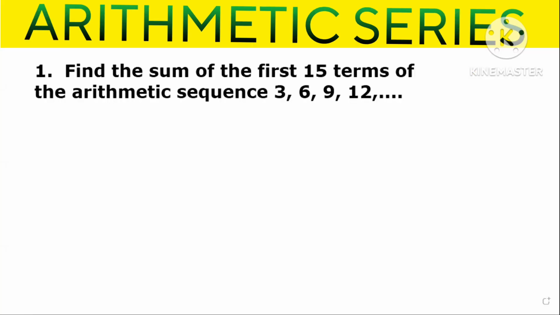Okay, problem number 1. Find the sum of the first 15 terms of the arithmetic sequence 3, 6, 9, 12, and so on and so forth up to the 15th term. Now, since hindi given ang 15th term or yung last term, we will resort to the second formula, which is S sub n is equal to n over 2 multiplied by 2a sub 1 plus n minus 1 times d. Now, ano bang kailangan natin?